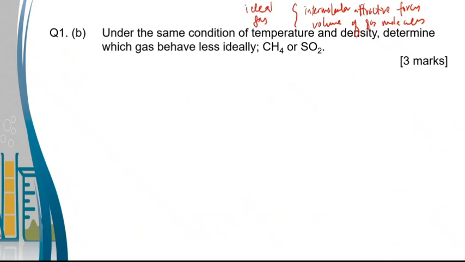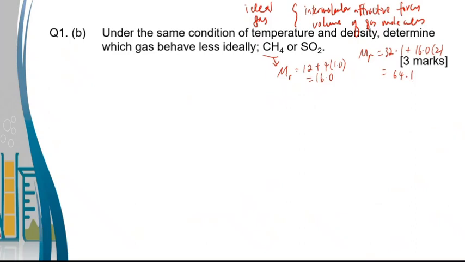Okay, as for methane gas and sulfur dioxide gas, the molar mass or the relative molecular mass of methane is 12 plus 4, which is 16, whereas for sulfur dioxide, the relative molecular mass is 32.1 plus 16.0 times 2, which is 64.1.